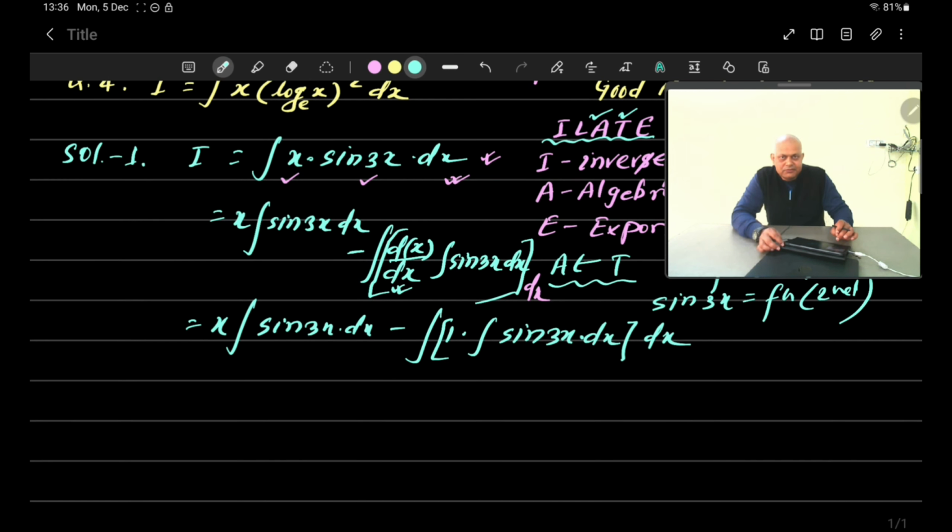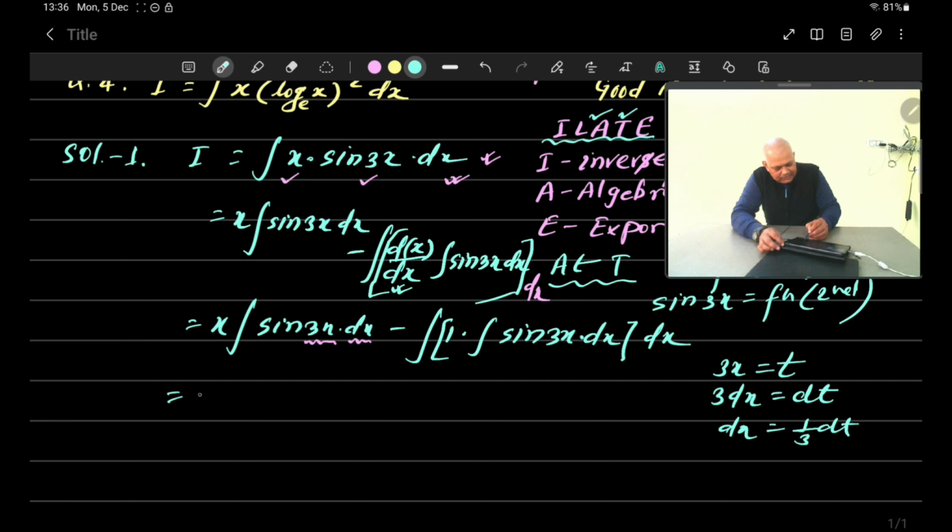Now my duty is to evaluate the integration of sine 3x. But here the angle of this sine is 3x, and we have to do the integration with respect to x. So, my dear friends, the differentiation of 3x is not given here. So let 3x equal t. So now 3 times dx equals dt, so dx will be 1 by 3 dt.